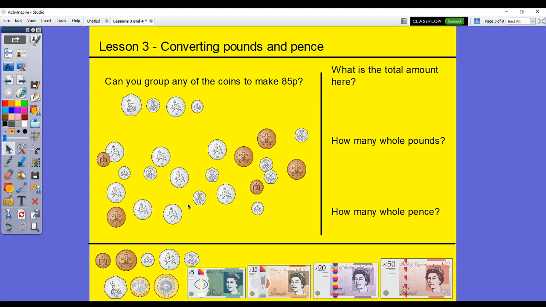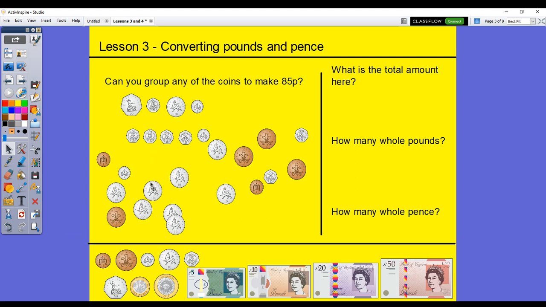So that's one way. And like we learnt from our lesson yesterday, there could be more than one way to make 85p. We've got lots more coins here, so let's see if we can find another way. We haven't got any more 50p's left, so we can have 20, 40, 60, hope you're counting with me, 80, 85.